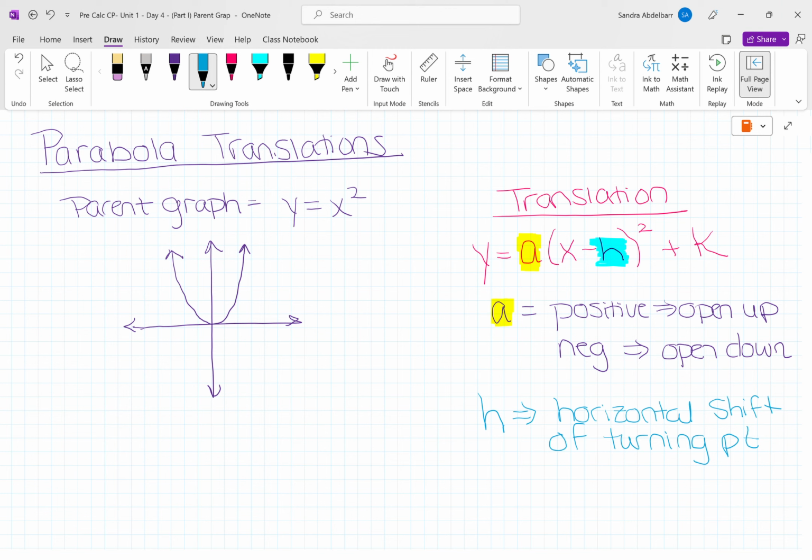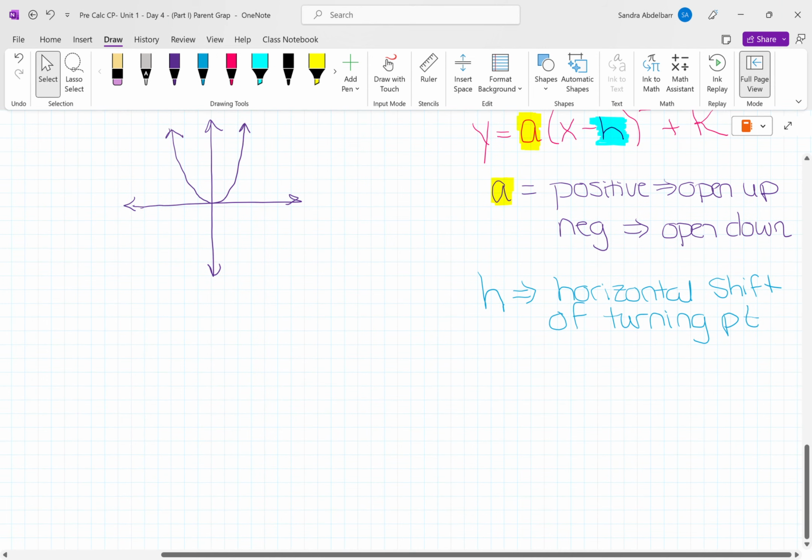Now notice in my formula format, see how it's x minus h? Well, when it's x minus h, that's actually our positive form of this. So when it's x minus h, we're shifting to the right. So it's sort of counterintuitive of what you think. If it's x plus h, guess where we're shifting?